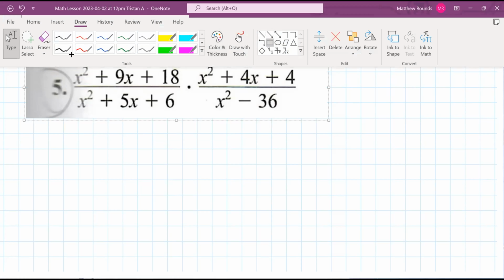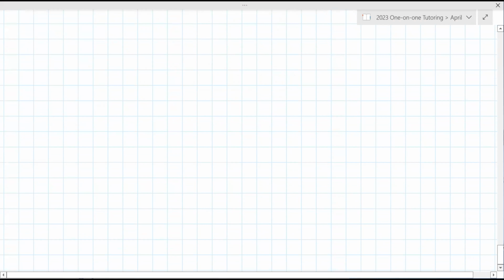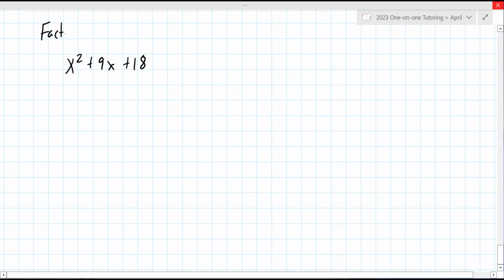So we're going to look at just this top left one, and we're going to talk about how to do that. So I'm going to clear the screen here, and we're just going to look at how to factor something like x squared plus 9x plus 18. Okay, so this would have been covered in your Algebra 1 class. It's okay if you don't, but do you remember anything about how to do this? Anything you can tell me?